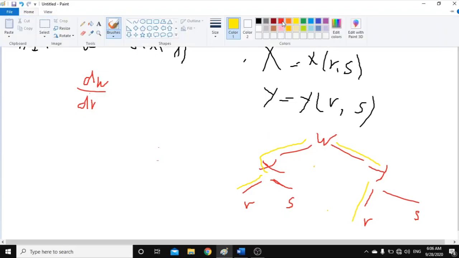So we can write, let's change the red to black.